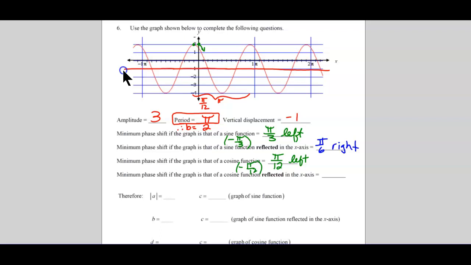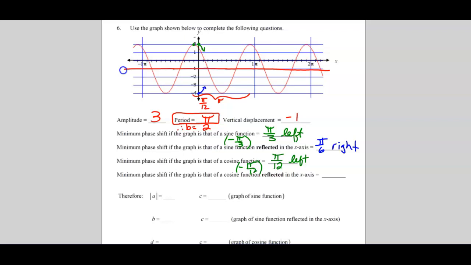Reflected cosine would be going from the bottom up. Okay? So if we did that stretch, so y equals 3 cos, then reflected it, y equals negative 3 cos, it would be down here.